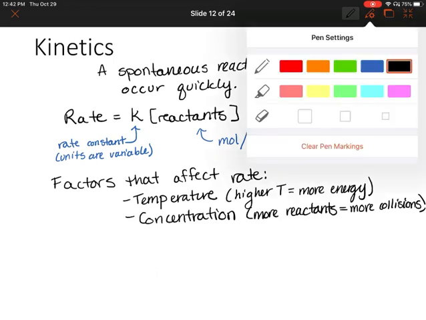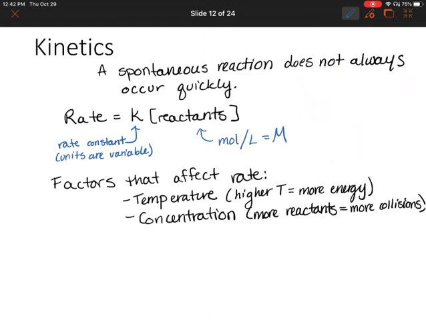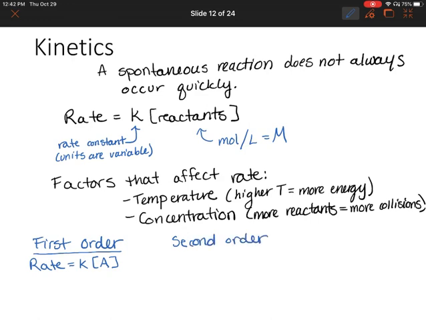All right, so you might also remember that there are different orders for a reaction. You can have a first order reaction where the rate depends on just one reactant. You can have a second order reaction where the rate depends on, let's say, the concentration of two reactants.